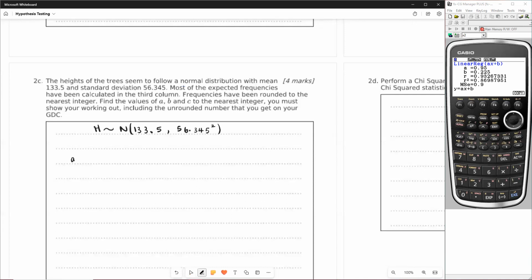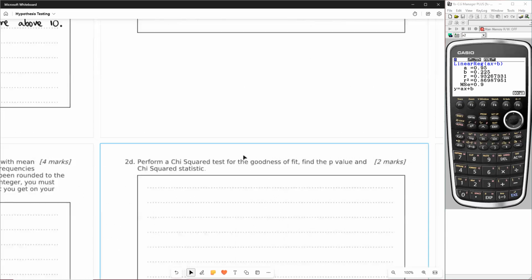For A, we're going to say that the expected frequency for A is going to be the probability that the height is between 45 to 75.